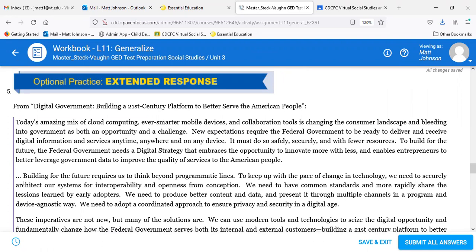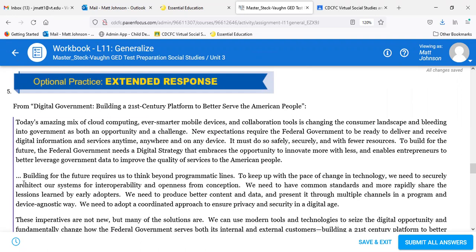So to keep up with the pace of technology, we need to securely architect our systems for interoperability and openness from conception. Those are really fancy words. And it says we need to have common standards and more rapidly share the lessons learned by early adopters.